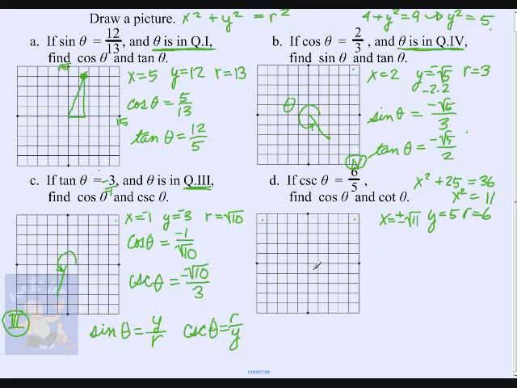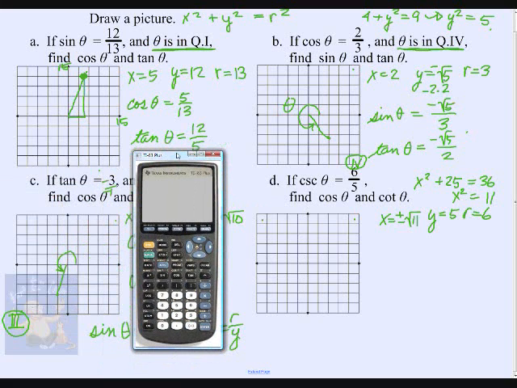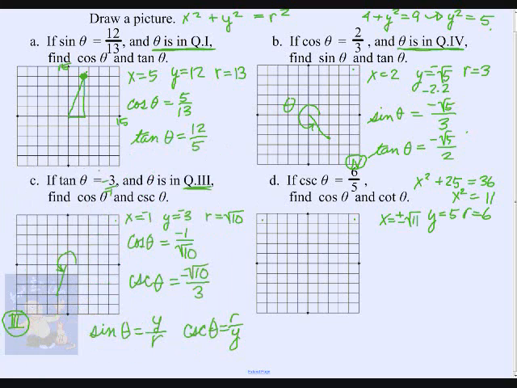So let's draw that picture. Oh, what will the square root of 11 be equal to in decimal? That's one I certainly haven't memorized. I know it's going to be greater than 3 because square root of 9 is 3. Okay, 3.3. That's good. So this is equivalent to plus or minus 3.3.